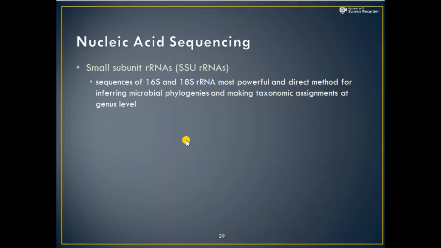The same way, if I try to decode the DNA, if I say A, T, G, C, C, C, like that, how the bases are arranged in my DNA is referred to as nucleic acid sequencing. And from a taxonomic point of view, we use the small subunit ribosomal RNAs to identify bacteria.